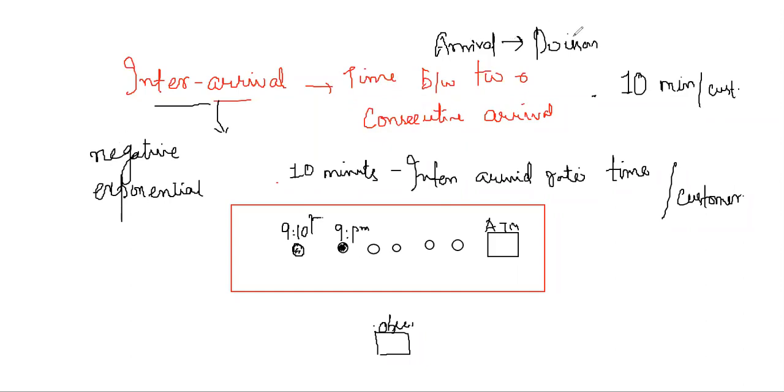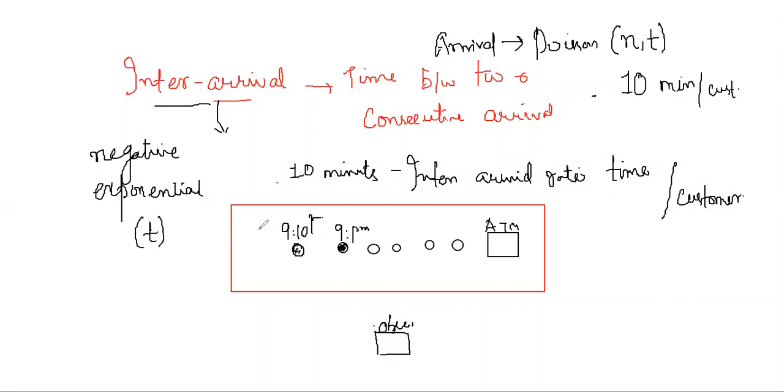So arrival pattern needs two terms: the number of persons and the time t. If you have to see the arrival pattern, you have to see how many people are coming and in what time they are coming. But in this case, we need only the time t. We don't need the number of persons because we observe on the basis of one person.